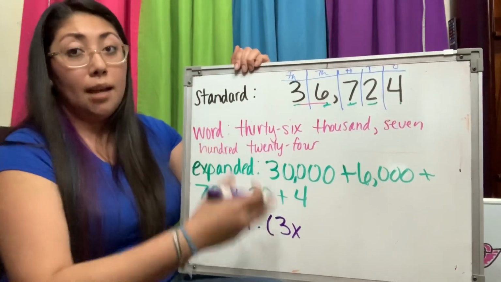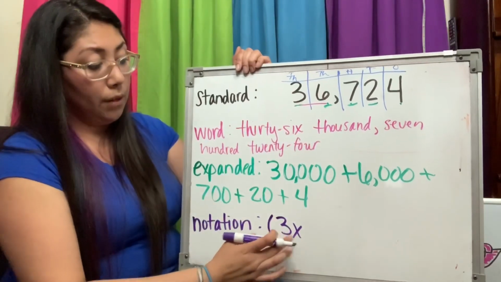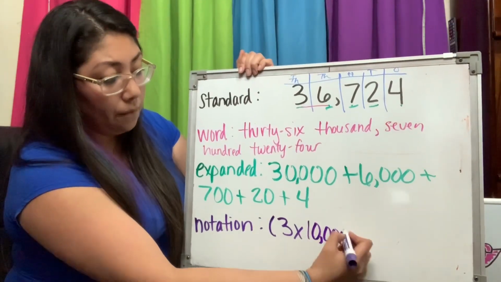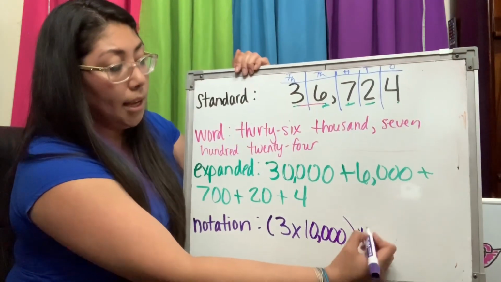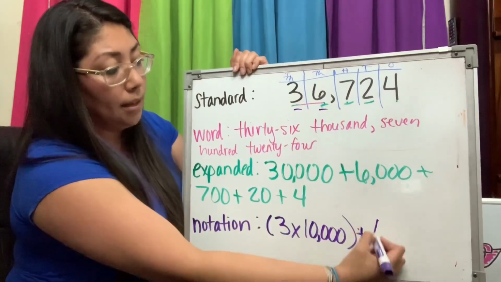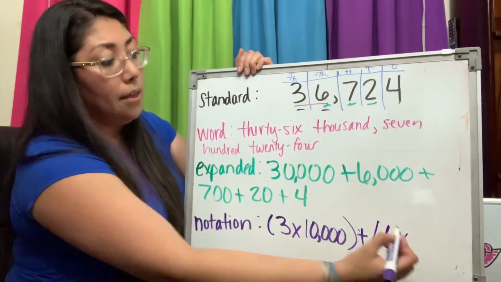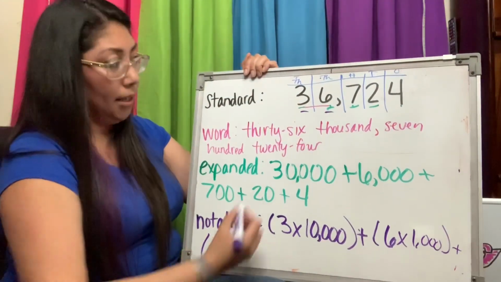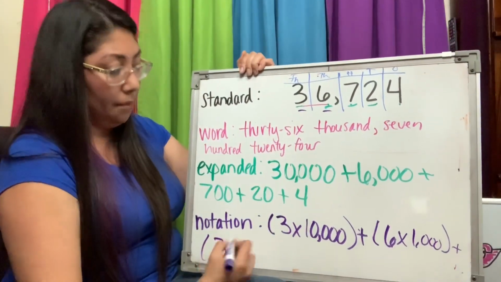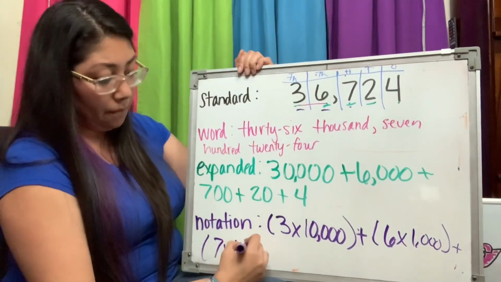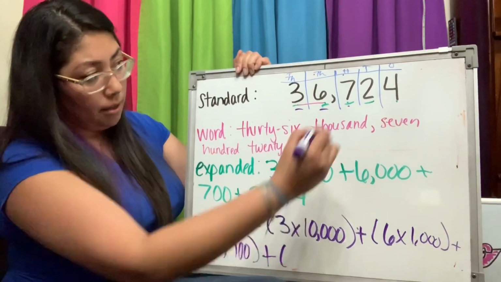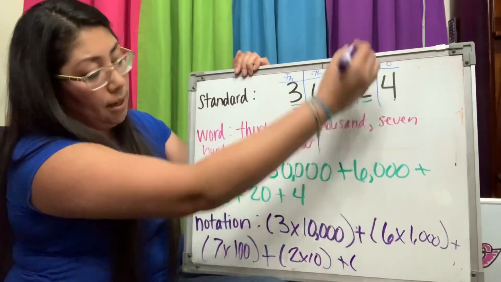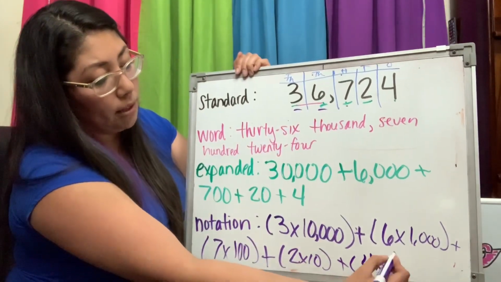It's always the digit times the place. So I have 3 times 10,000, and then close it. Then my next spot, I have my 6, digit times the place, thousands. Close it. Then my next place, digit 7 times the place, hundreds. Close it. Digit times the place, 2 times 10. Digit times the place, 4 times 1. Sorry if it looks a little messy.